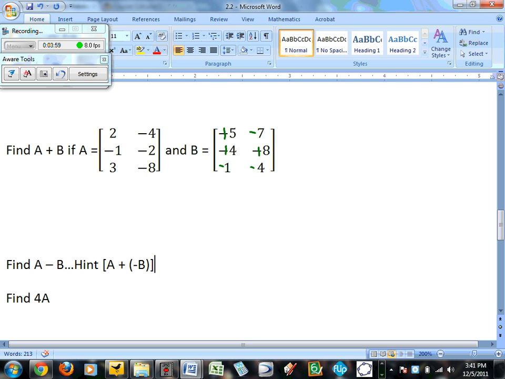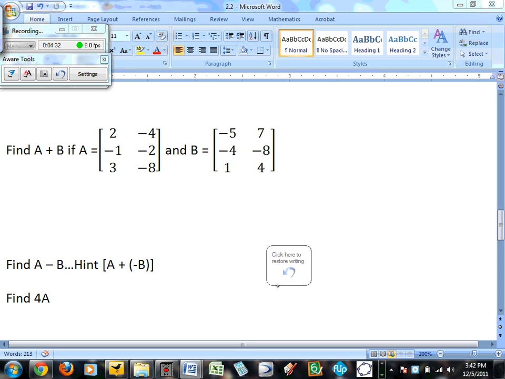So now my A minus B is going to be 2 plus a +5, which is 7. 4 plus a -7 is -11. -1 plus 4 is 3. -2 plus 8 is 10. 3 plus a -1 is 2. And -8 plus a -4 is -12. So that's how we subtract matrices.